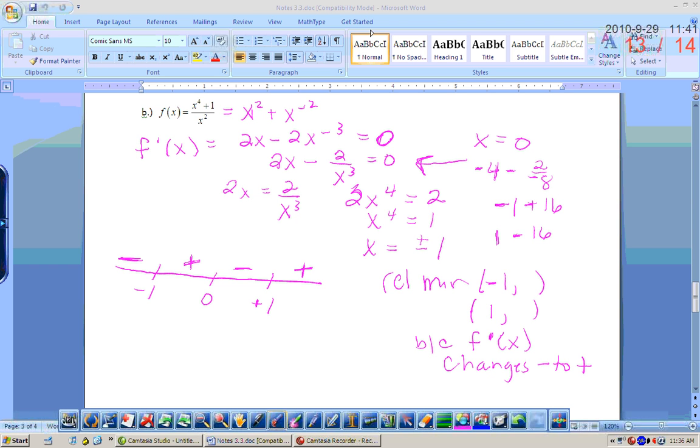Okay. When x is 0, the original function is undefined. So at first glance, it looks like you have a relative max at x equals 0. But when you try and plug 0 back up into your original function to find that y value, it's undefined. So there is no relative max. What is happening on the graph of f of x at x equals 0?